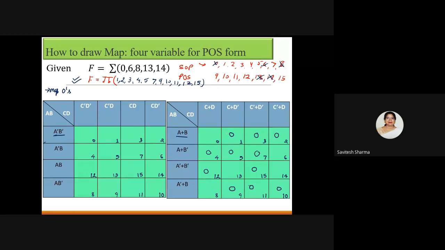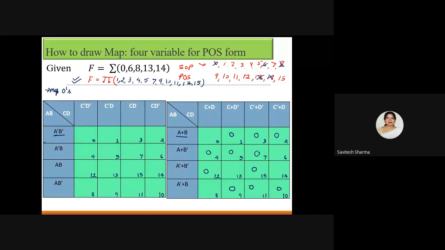What I told you: while grouping, you first find the big group. Big group means 16 zeros. No. Then you go for an octet. Is any octet forming? No. Now I will go for a quad. Is any quad forming?